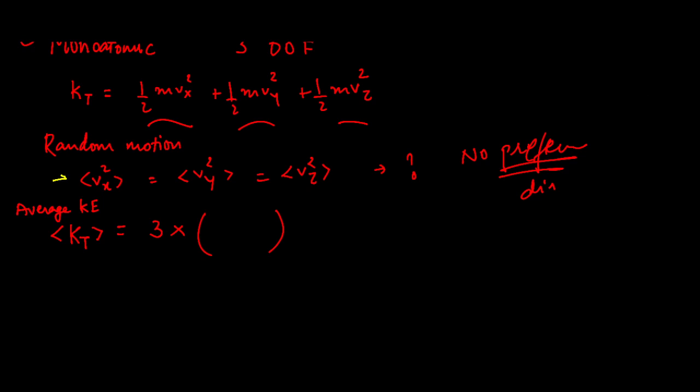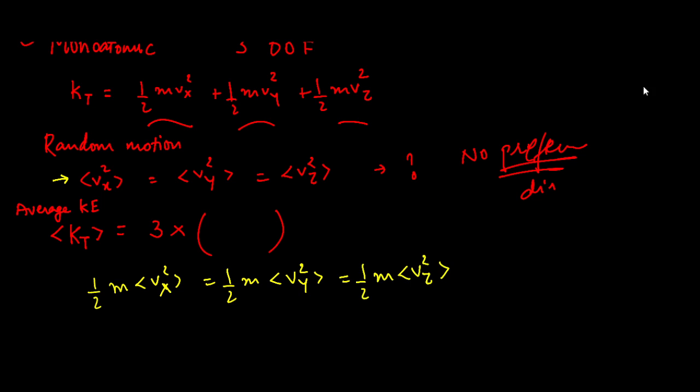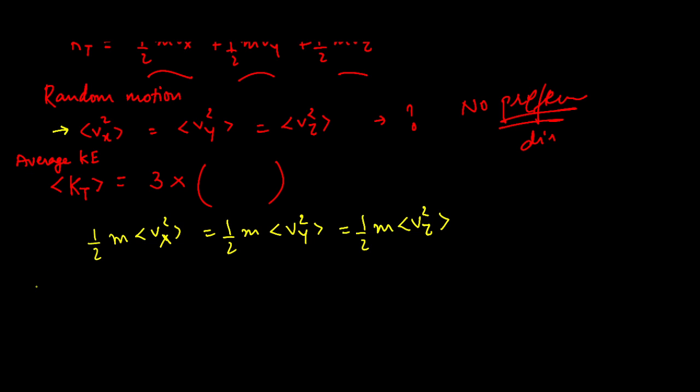Directly from this line, you can understand that on an average, the value of half mvx square, average, is equal to half mvy square average and is equal to half mvz square average. So again, what this means is this sentence, please note it carefully. It is that the energy of the molecule is equally distributed.